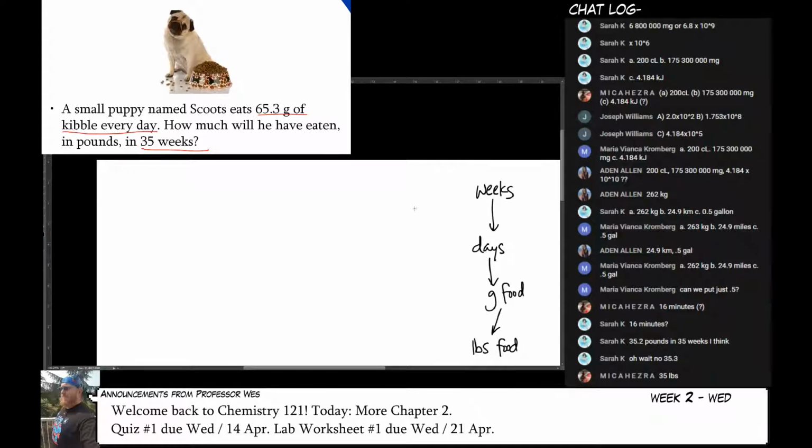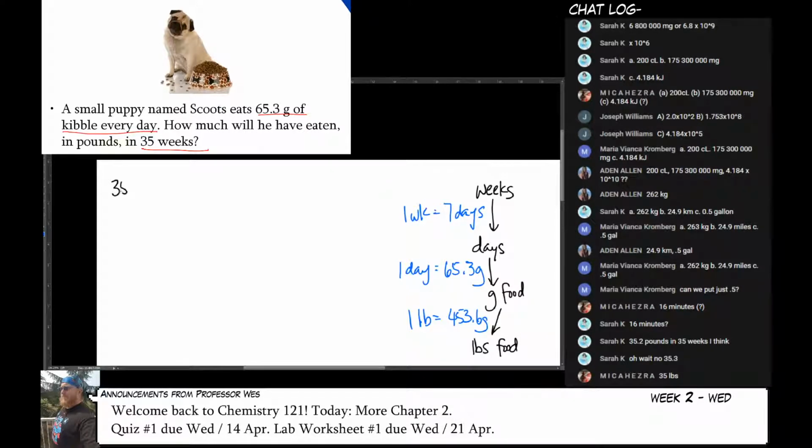So let's write out our relationships. In a week, there are 7 days. In a day, he gets to have 65.3 grams of food. And in a pound of food, there are 453.6 grams, which you can get from Google. Let's do the conversion.